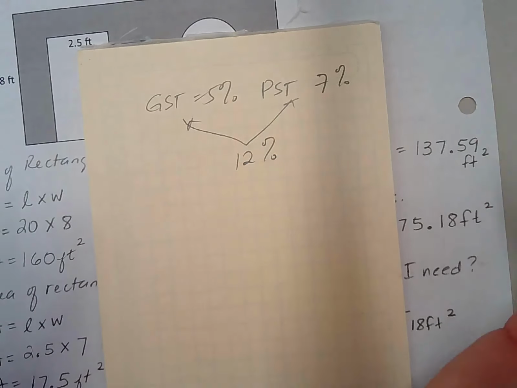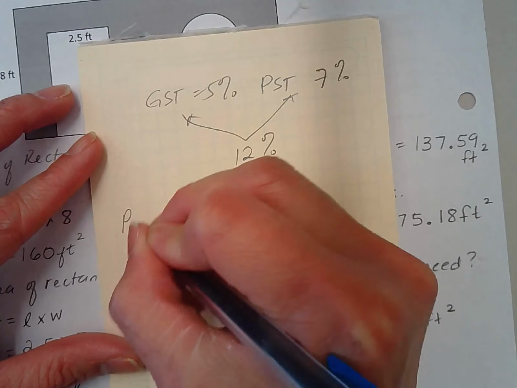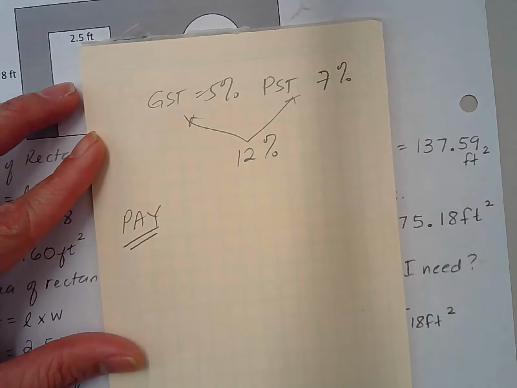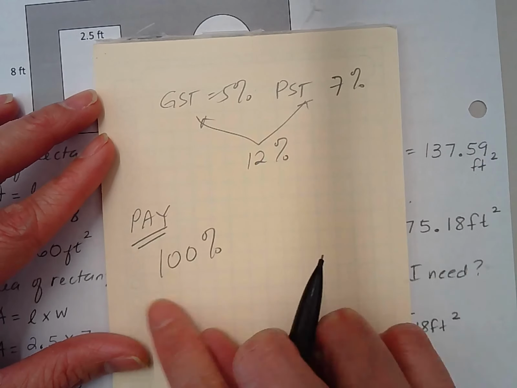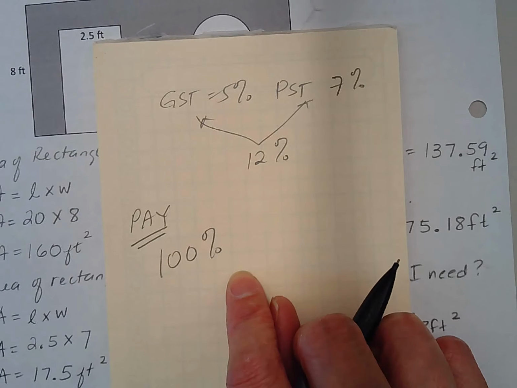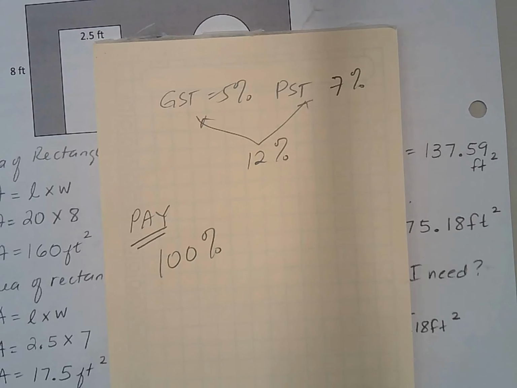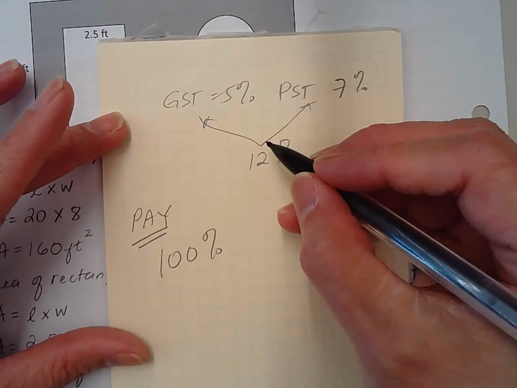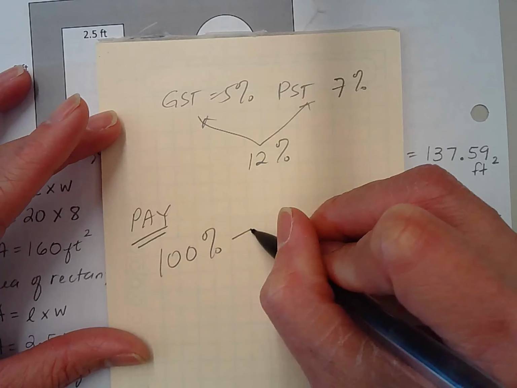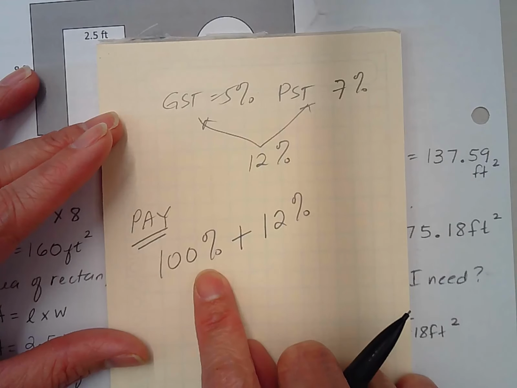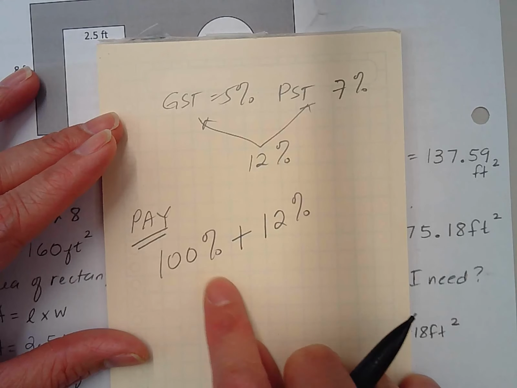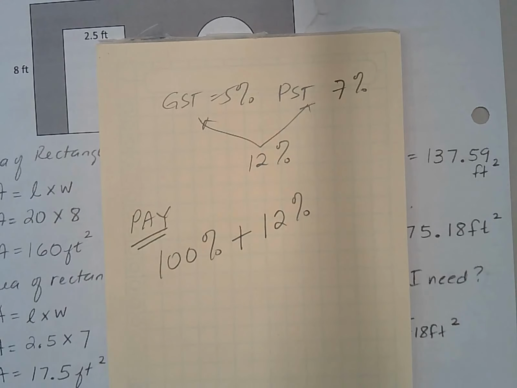So what we have to pay for, let's say we want to pay for the item. We're going to pay 100% of the price of the paint, and then plus we also have to pay the 12% tax that goes along with that. So we're really paying 112% of the value of the whole thing.